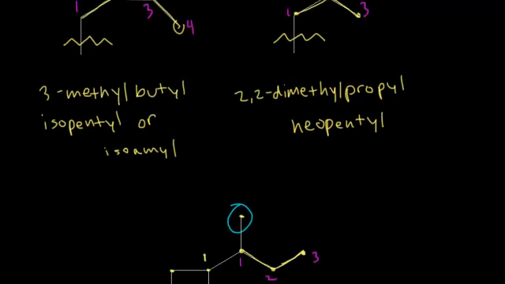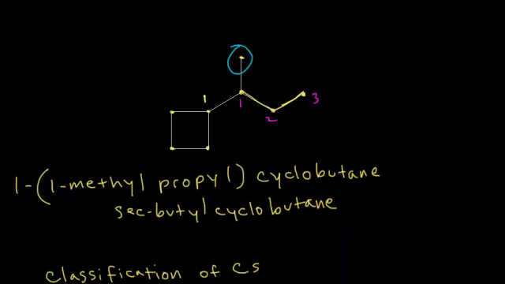Let's do one more example of assigning classification of carbons to this molecule. Let's look at this carbon right here. This carbon is bonded to 1 other carbon and 3 hydrogens, so it is said to be primary. This carbon right here is bonded to 2 other carbons, so it is said to be secondary. This carbon right here is bonded to 3 other carbons, so it is tertiary.